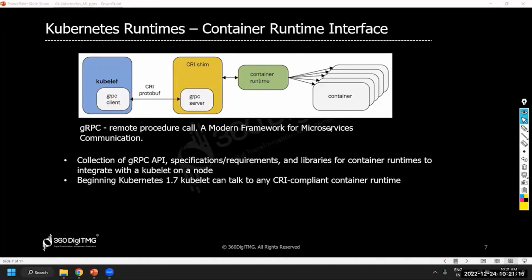And we call this gRPC, remote procedure call. That's the full form. It's one of the frameworks used for establishing communication between all these individual independent microservices.